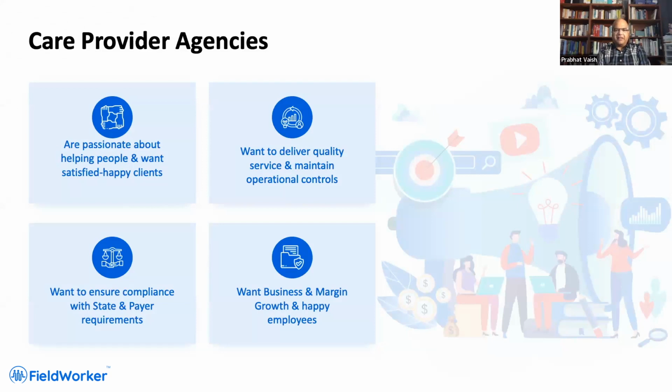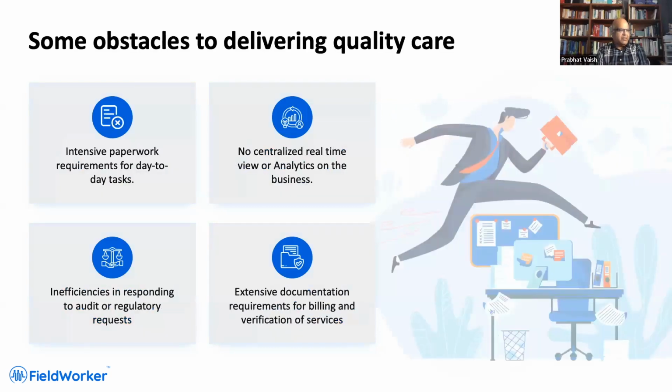The agencies are out there trying to help out, get the quality care to their customers, want to make sure that everything's being done as expected by the state, the payers, or everybody else. And just like being a true business, they also want to make sure that they're trying to optimize their earnings or their profits, basically. So some of the obstacles include the amount of work that is being asked to be completed by the care workers.